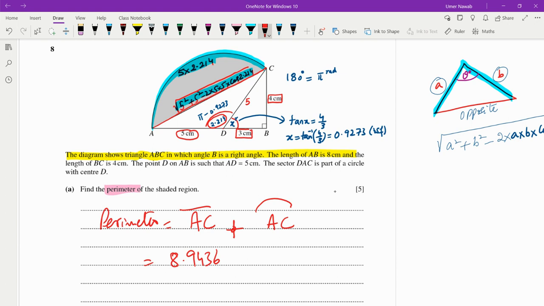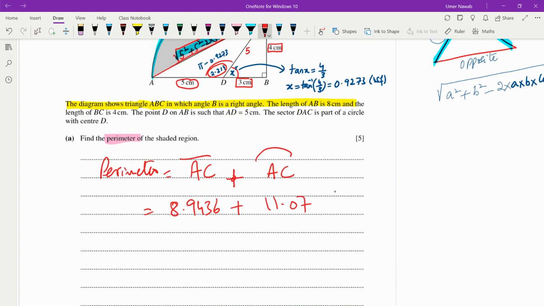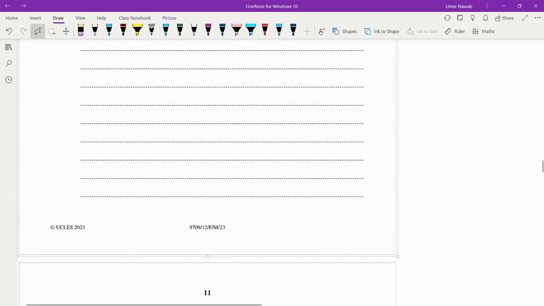I wrote it to 5 significant figures, to be on the safe side. 11.07 is the AC arc length, to 4 significant figures, so that my final answer will come out exact, 20.0. Although it's 20, I need to write 3 significant figures, 20.0 centimeters. So this is the perimeter which I wanted to get.